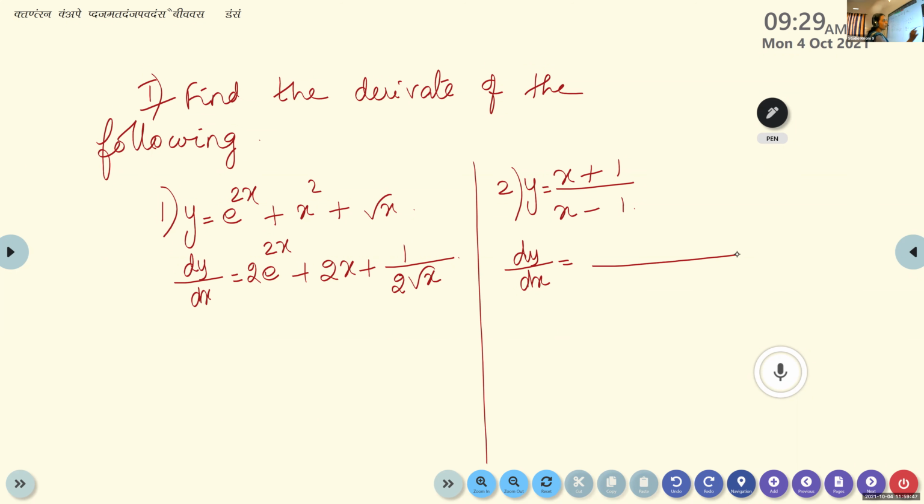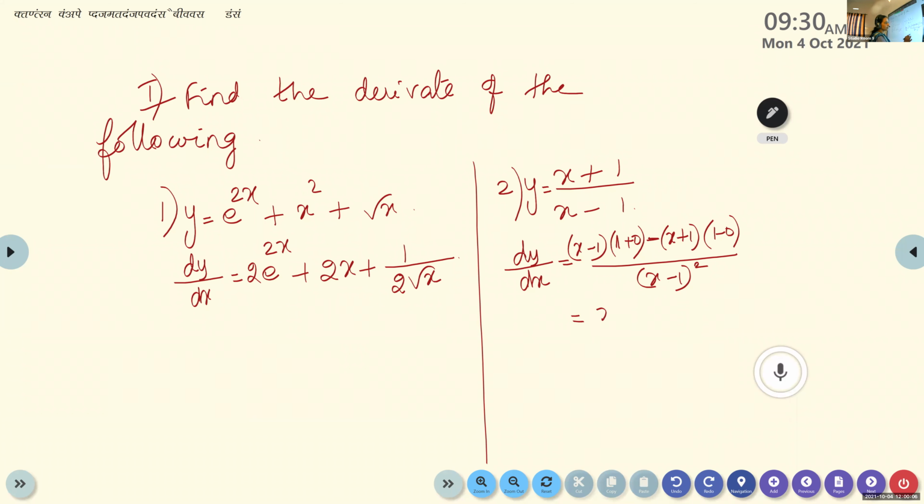So, denominator the whole square. Keep the denominator as such, v into u dash. Derivative of x plus 1 is 1 plus 0, minus x plus 1 you keep as such, derivative of x minus 1 which is 1 minus 0.